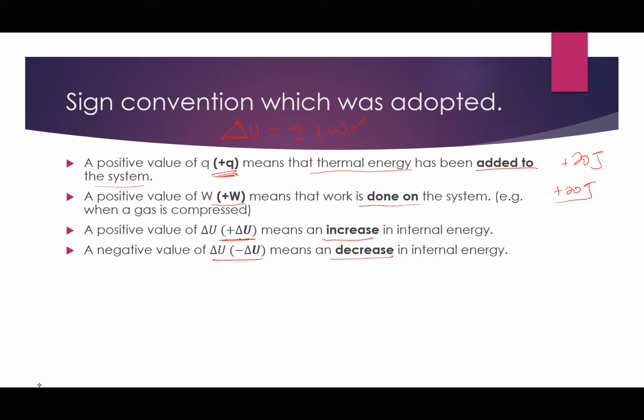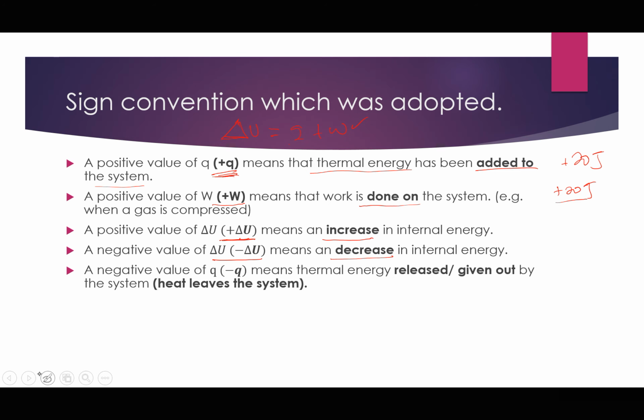Number five, if I have a negative value of Q, if I was told that the system loses heat to the surroundings, that means the heat leaves the system, or thermal energy is released or given out by the system. That is a negative value of Q. Of course, a negative value of Q means the internal energy of the system reduces.